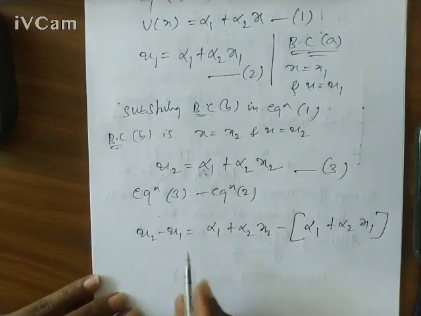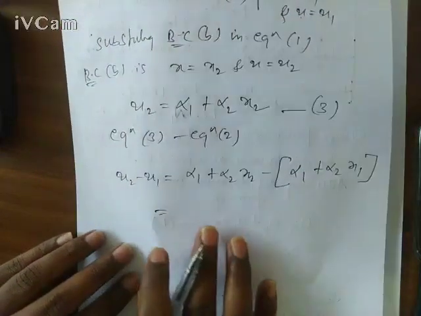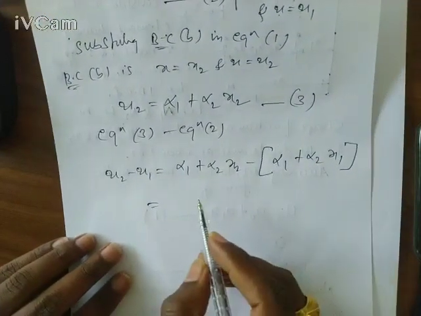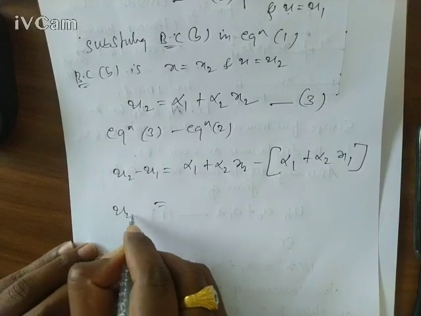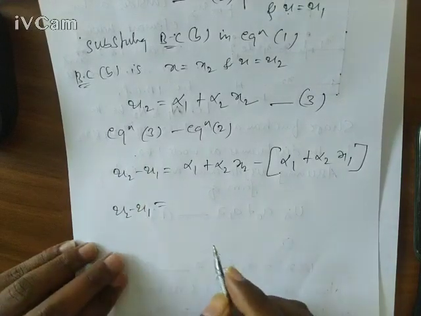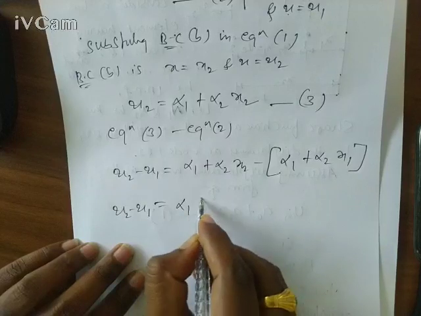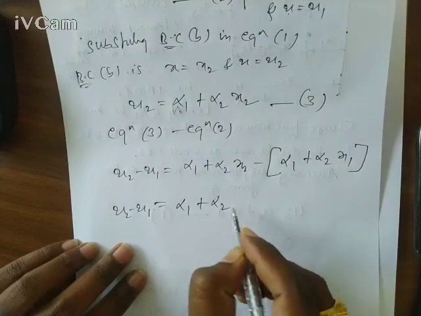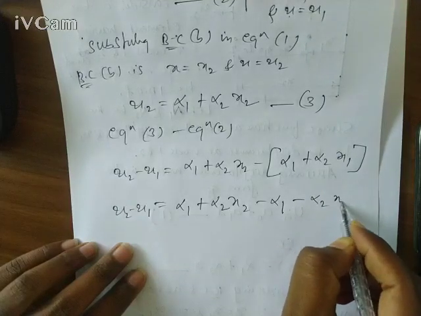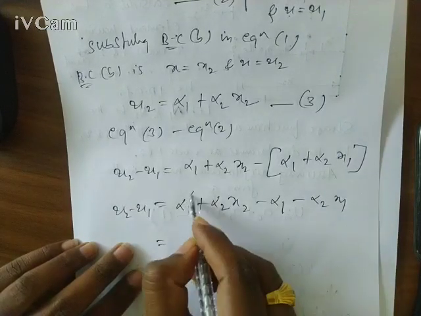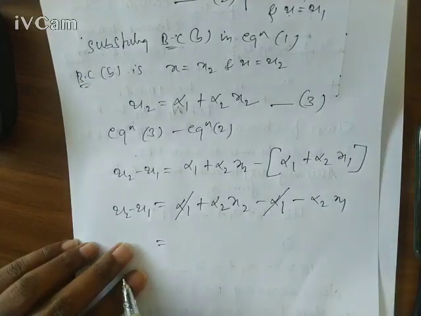Next I have to simplify this equation. u2 minus u1 is as it is. Alpha 1 plus alpha 2 x2 minus alpha 1 minus alpha 2 x1. Alpha 1 minus alpha 1 is going to cancel.